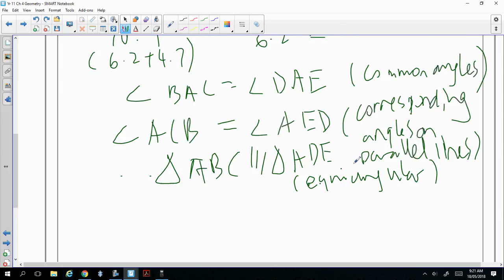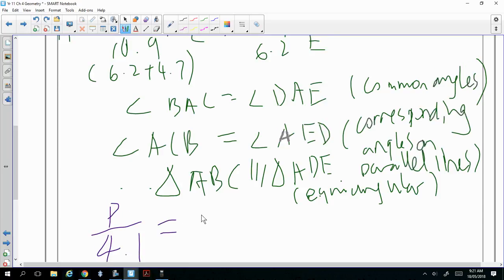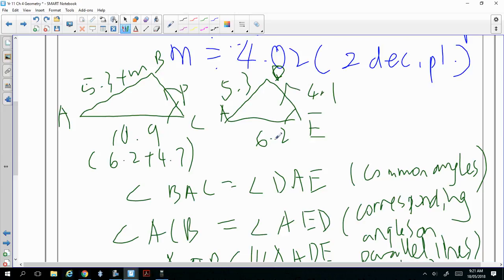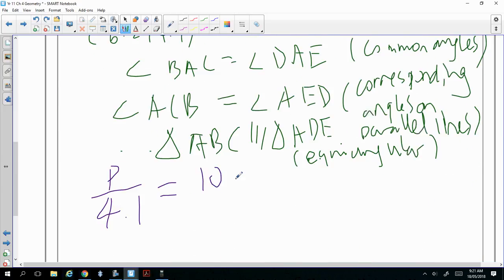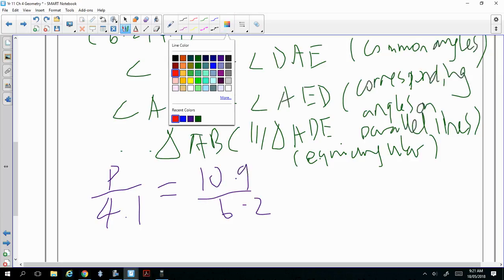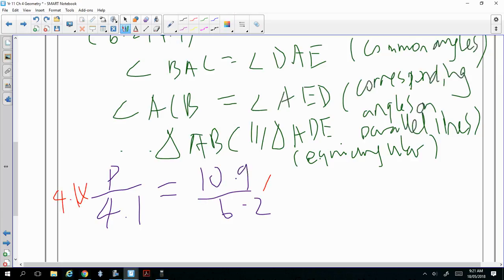And which other sides do we match? Yeah, 10.9 over 6.2. And like before, we multiply both sides by 4.1 in order to find P using your calculator.